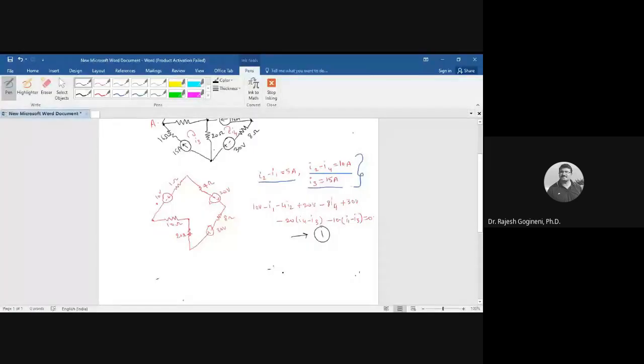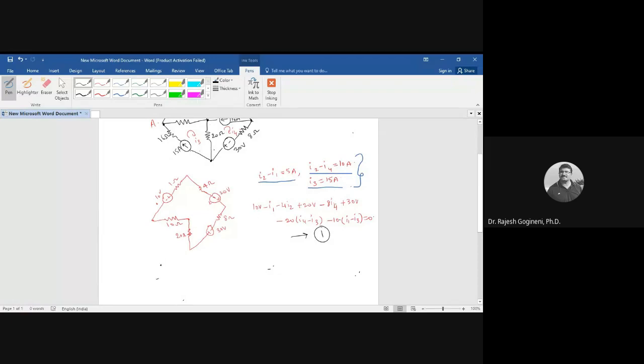So I got the answer as I1 equals 14.65 amperes. Did anybody get that answer for I1?